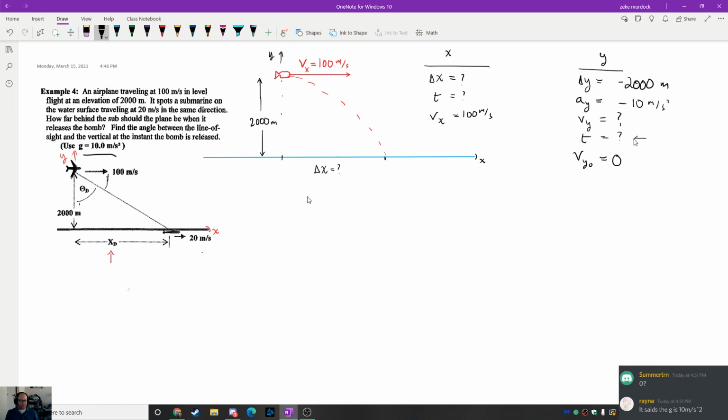And what I want to do is solve for time first. So the time that it takes for the bomb to hit the water can be given by an equation that uses all of these variables but not vy. And that equation is the one that we use very frequently, this one right here.